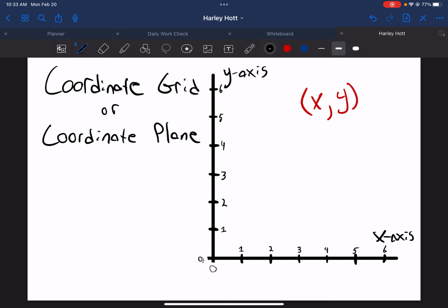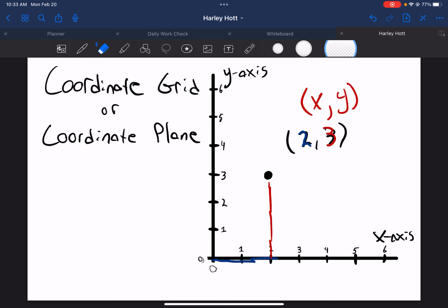So if I have 2, 3, that tells me to go over 2, and then we're going to go up 3. We plot our point right there, over 2, up 3. That should be reviewed. That's 5th grade material, but it's good to review it.